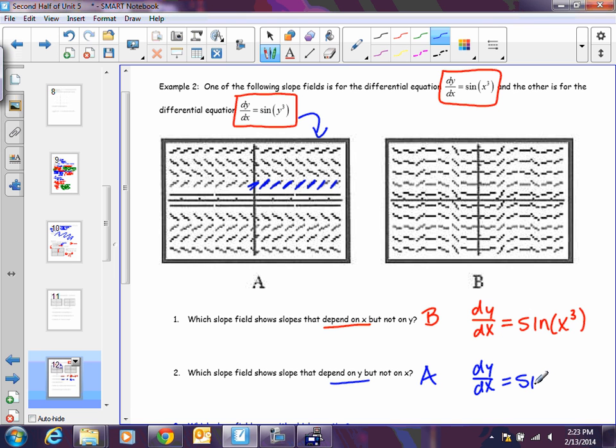I say this only because some of you like to get help from DC. I'm not going to use that phrase because if I asked you which one was parallel vertically, some of you would answer A and some would answer B, depending on how you look at it. And there is a correct answer. But we're not going to do that. We're going to really say depend on x or depend on y, and I want you to understand what it means. All right, these are the things that are going to help you with matching.